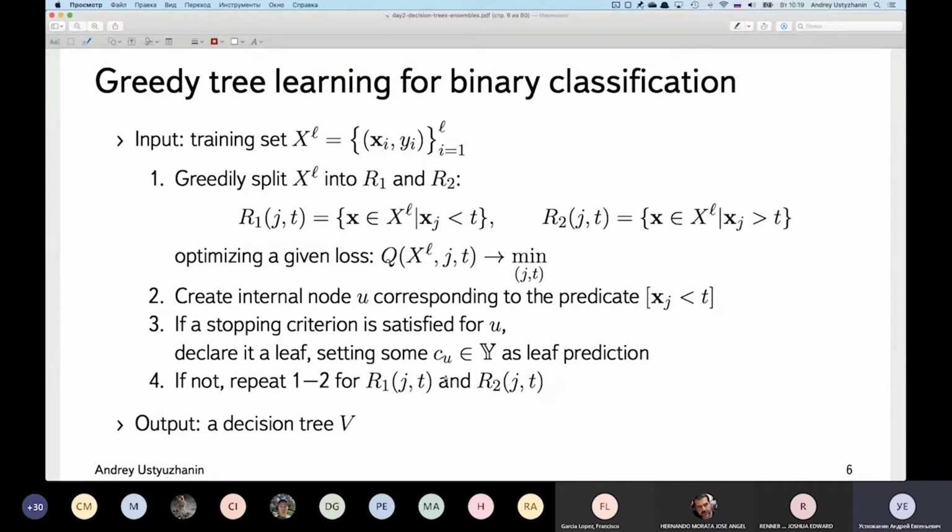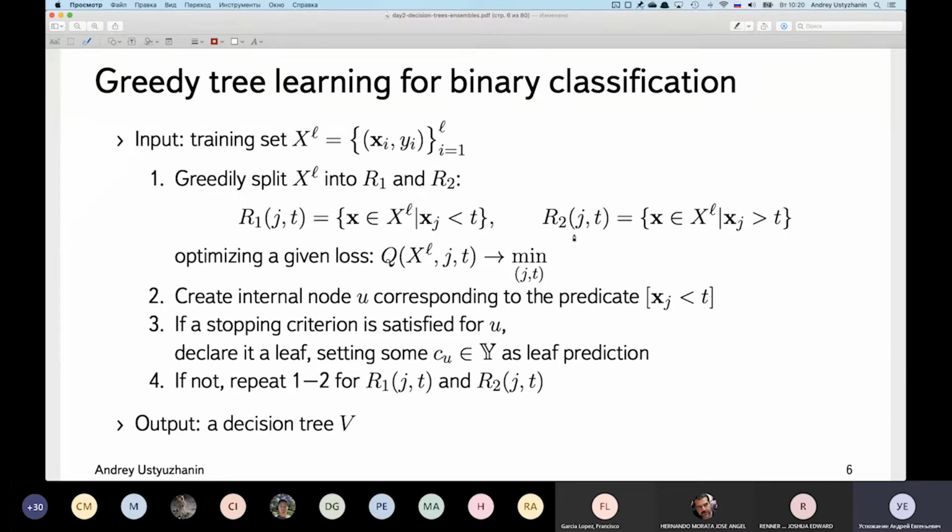And so if it is a leaf, we find some specific output that belongs to the space of the predictions and assign it to this leaf. It is denoted here by C_U. For example, it could be a ratio of positive and negative examples that end up in the corresponding subset.